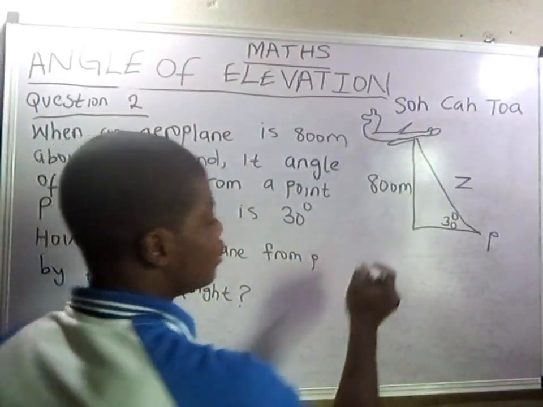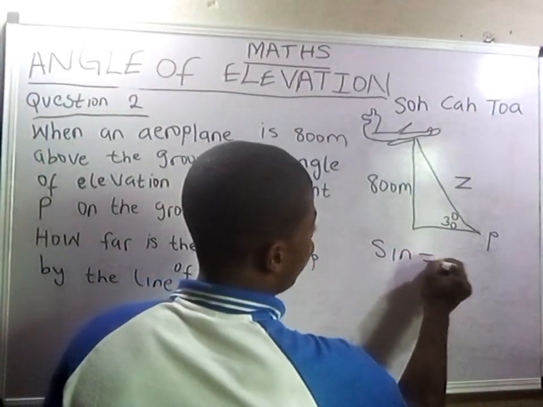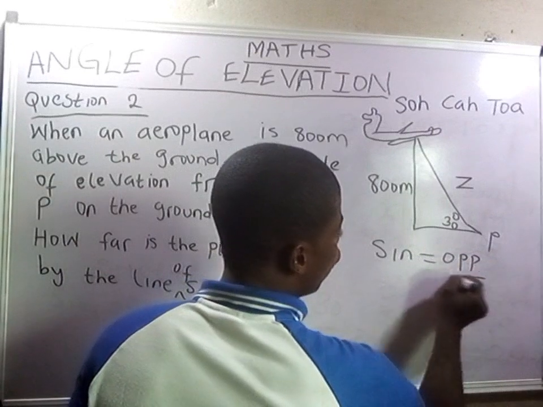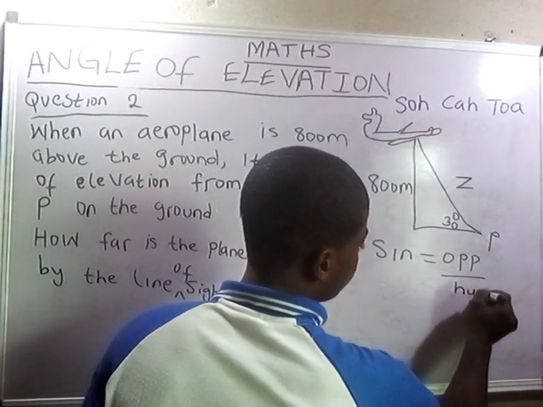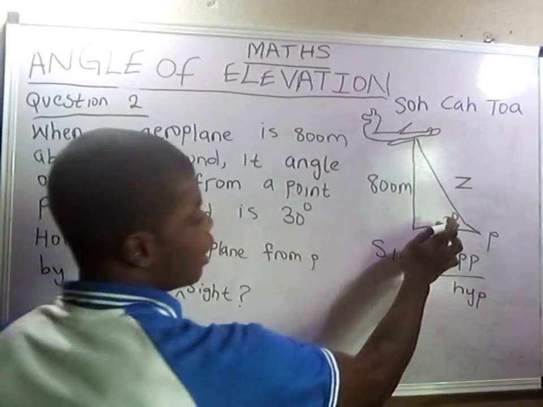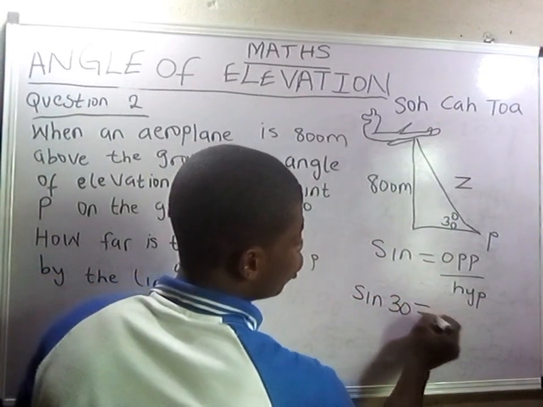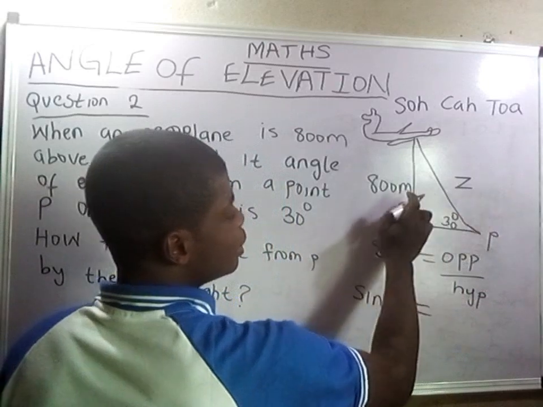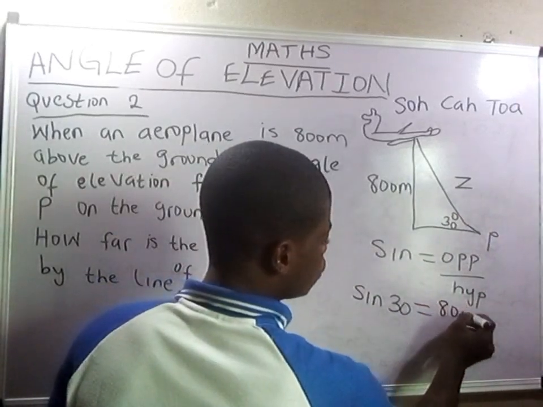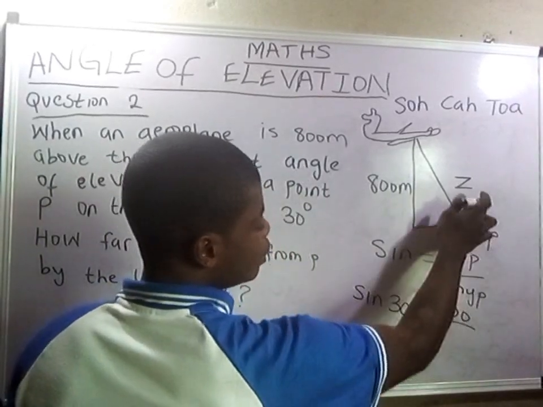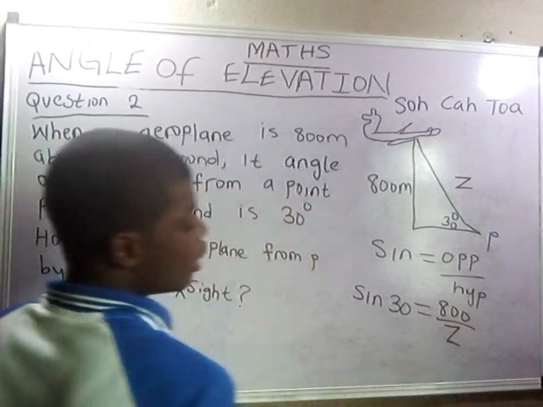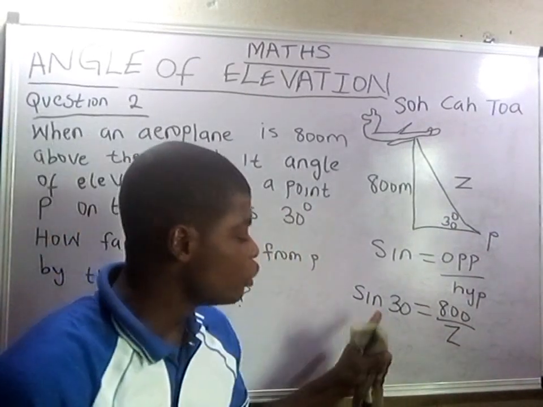We have the angle, so sine 30 equals your opposite, 800, over your hypotenuse, Z, unknown.